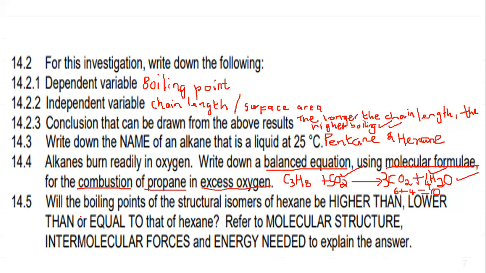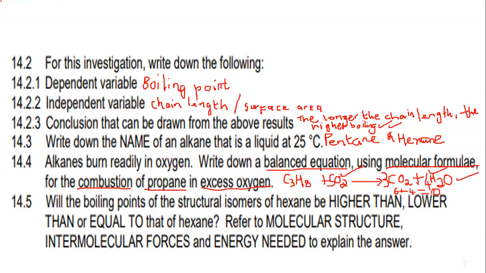Now, my dear learners, the first part, it wants to know if you take the structural isomer of hexane, how will its boiling point be compared to that of hexane? So it means we are dealing with an isomer of hexane as well as hexane.